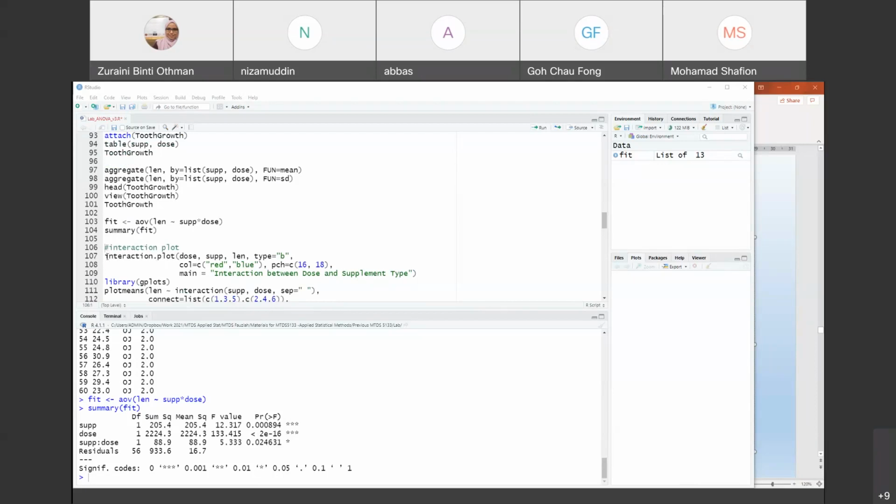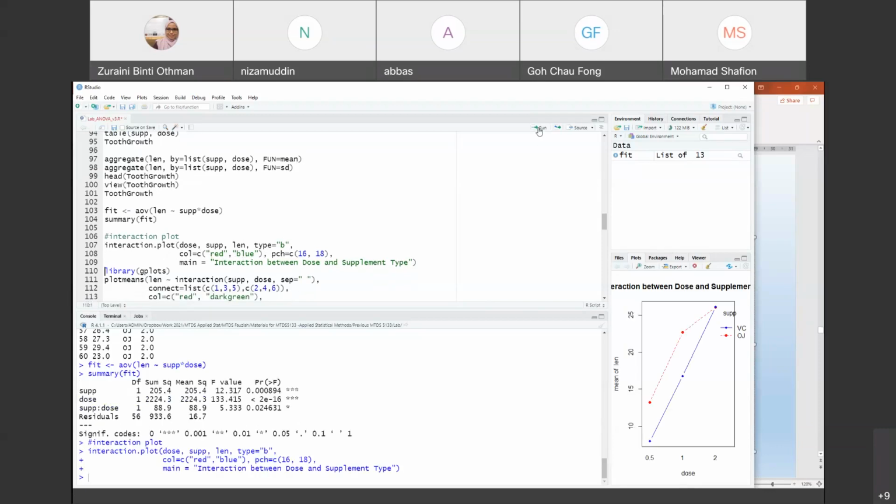This is the code for how to visualize it, where we are using blue and red colors, and we run it. And this is the graph.